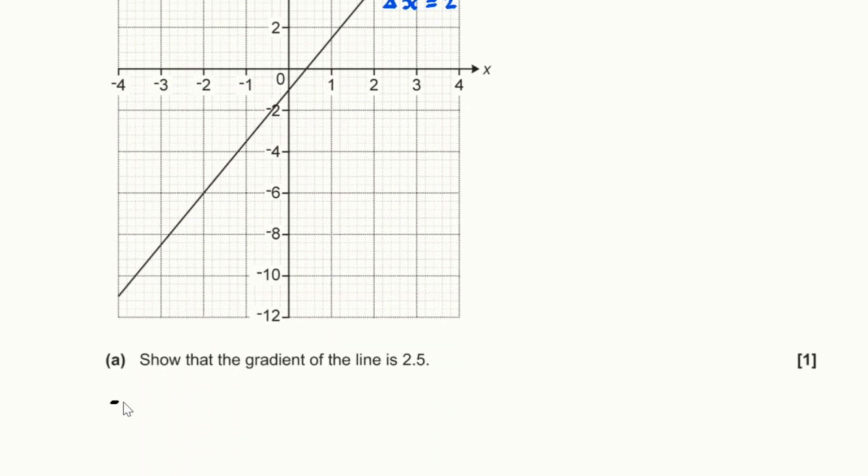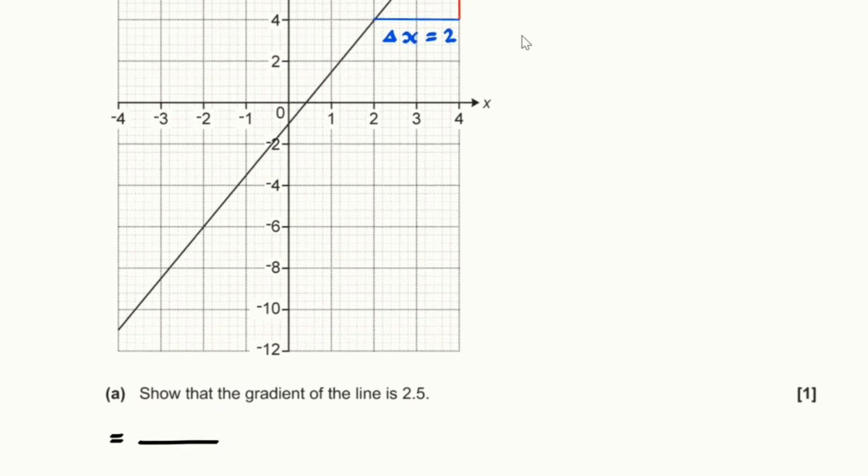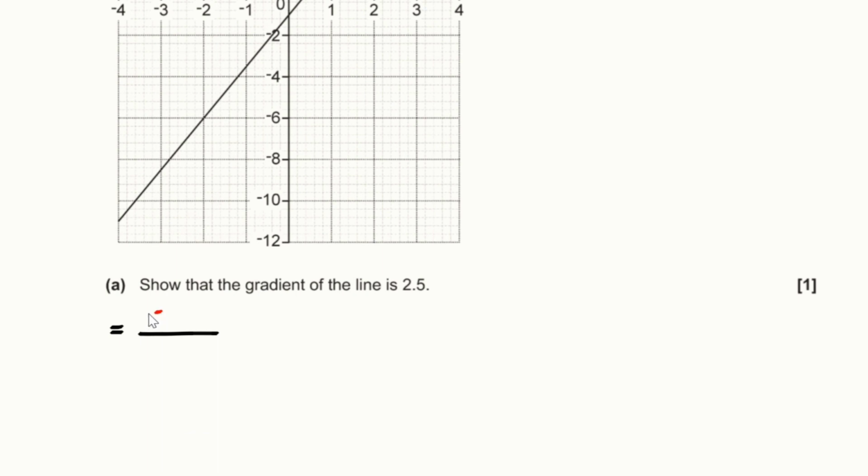And therefore, the gradient is equal to the change in y over the change in x.